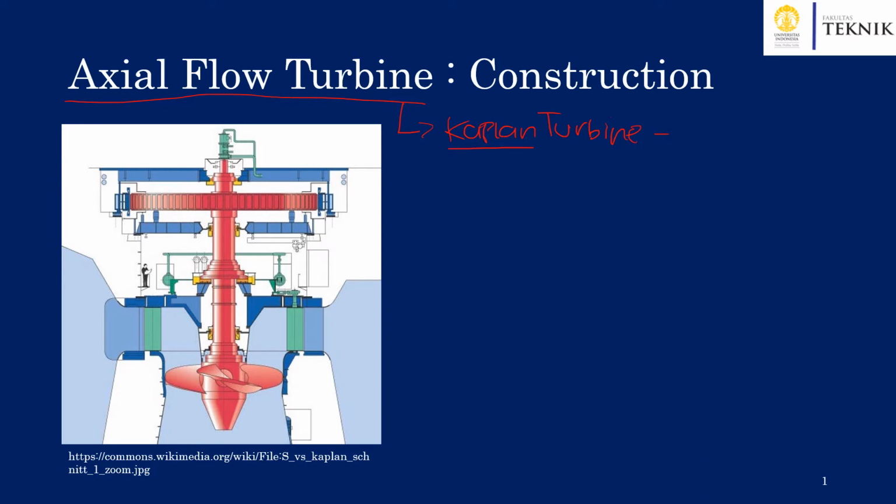So let's say this is region 1, 2, 3, 4, and 5. So 1 is normally the fixed guide vane.